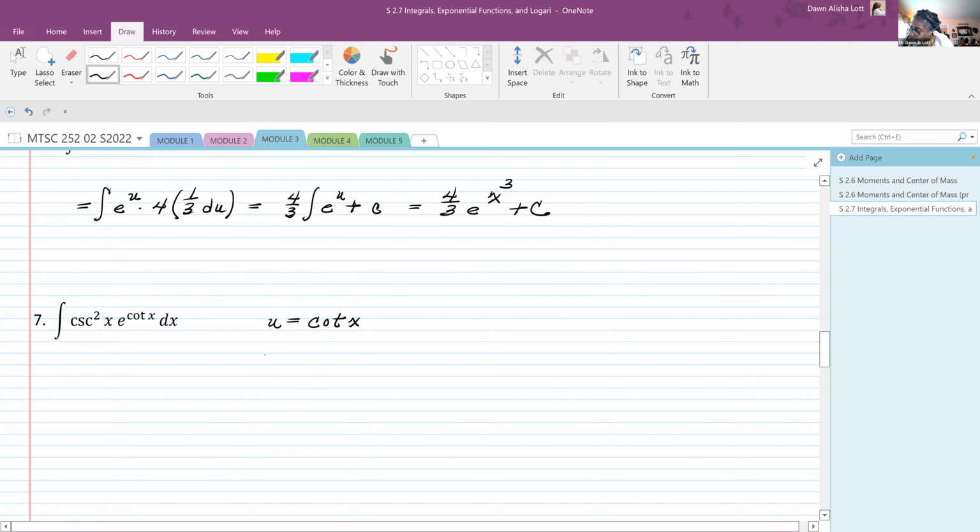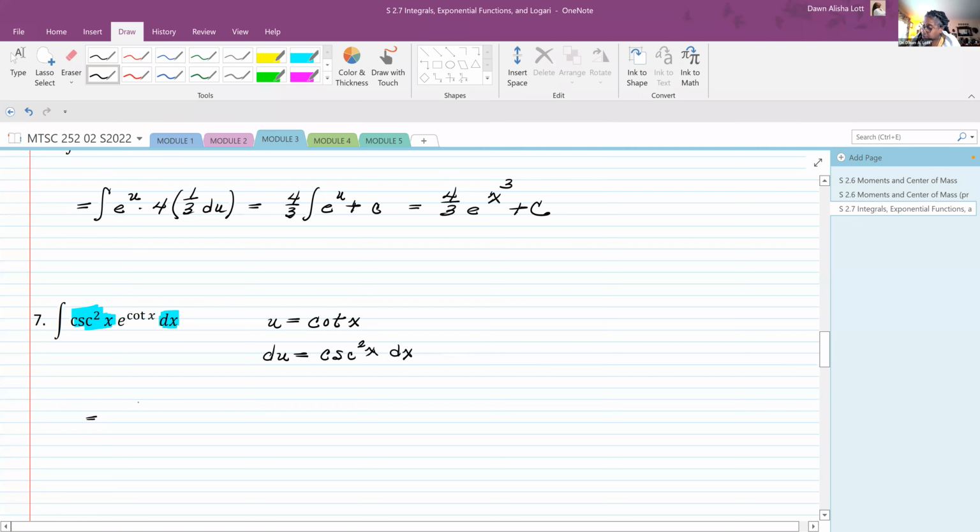Okay, so how do I take the derivative of cotangent? What is it? Cosecant squared x. All righty, dx. Okay, so it looks to me like I've got everything. Here's cosecant squared x dx, and the only thing that leaves is e to the u.